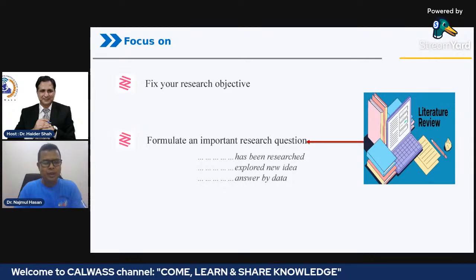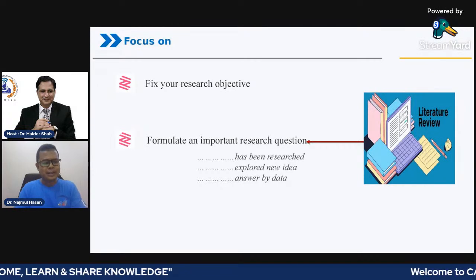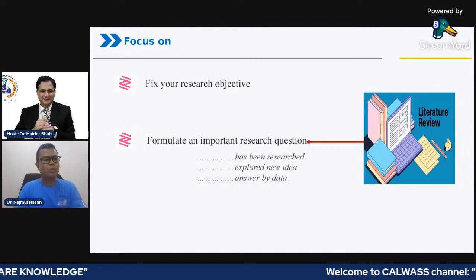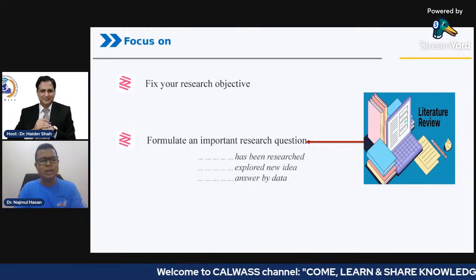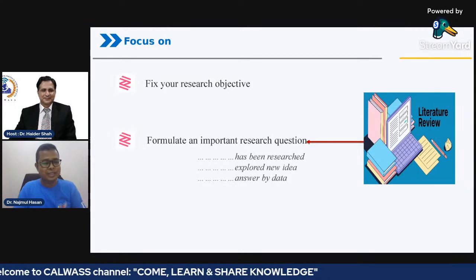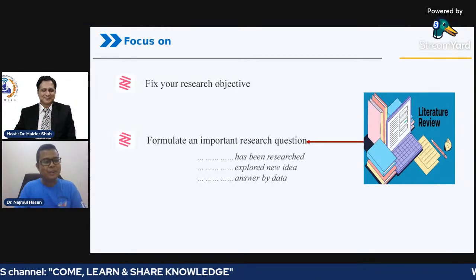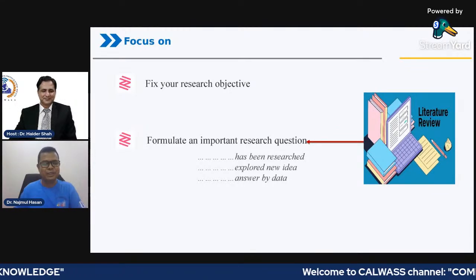But recently, I attended lots of conferences, including the MISQ author development course, right? Numerous scholars are saying that you should fix your objective first, and after that, concurrently, you explore these questions from the literature.